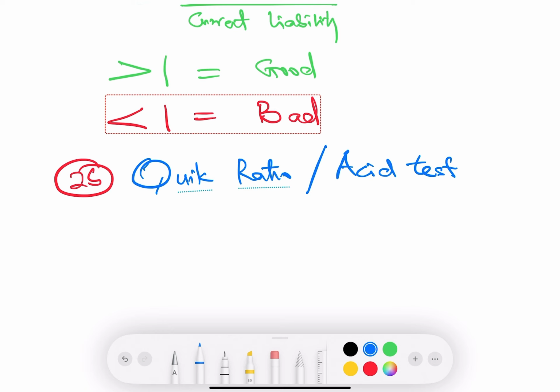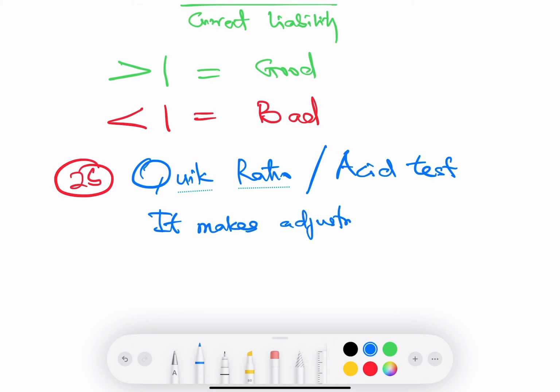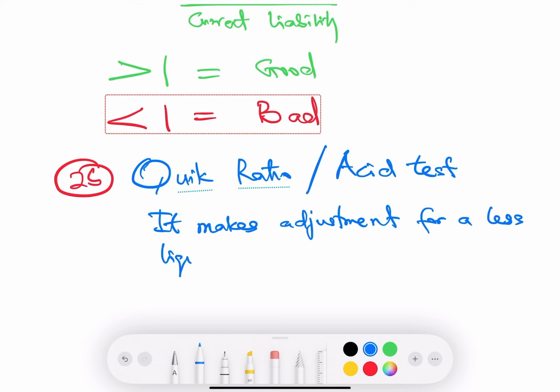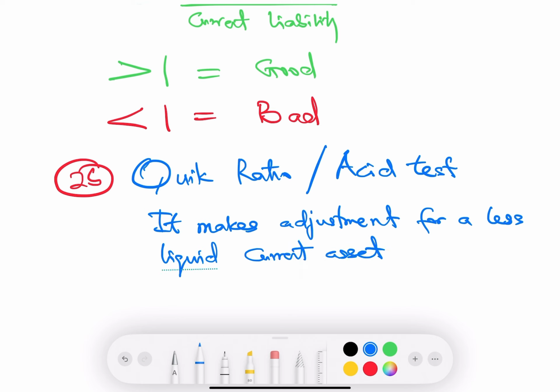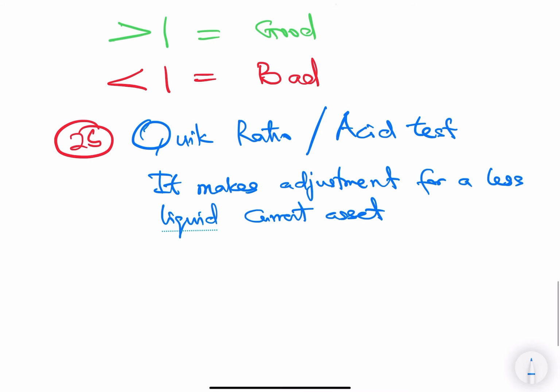The only difference is that it makes adjustments for less liquid current assets. So this ratio believes that not all current assets are very liquid. That is, not all current assets can be easily converted into cash.